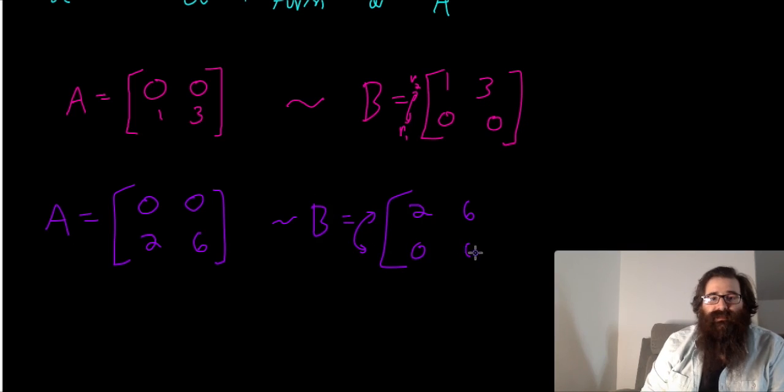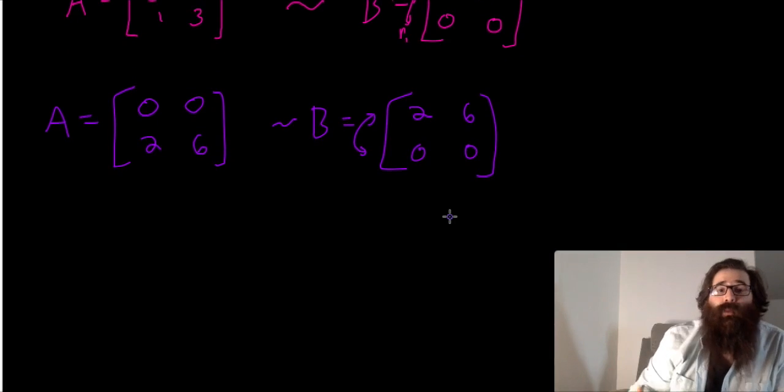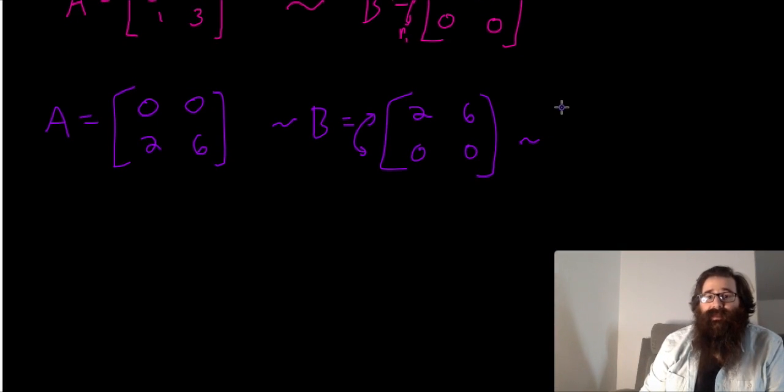That row reduction would be the simple row interchange. Now I can use this to build a basis for my row space. But if I want to reduce this further, I can do 1/2 row 1 to build that top row of 1, 3. This would be fine, this first row of my row echelon form, because these are still the same span as far as the row vectors are concerned.